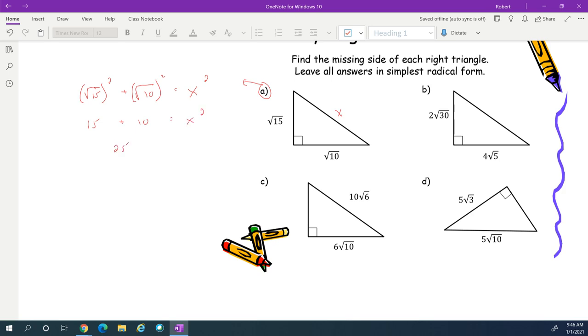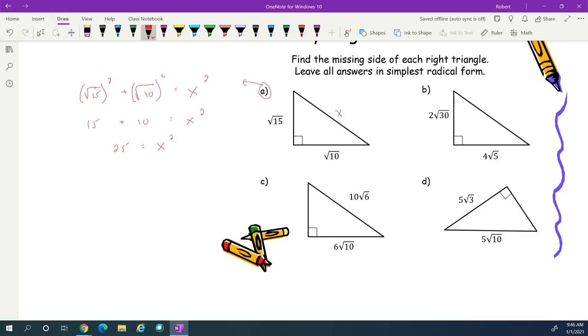So the fact that we've been reviewing our radicals is really important. Of course, we're going to take the square root and we get simply a 5. Now, we don't need the radical symbol here. It's just a 5. 5 is the hypotenuse, and that is a bigger number than the square root of 15 or the square root of 10. To check that, if you wanted to make sure, you can always put square root of 15 into the calculator.